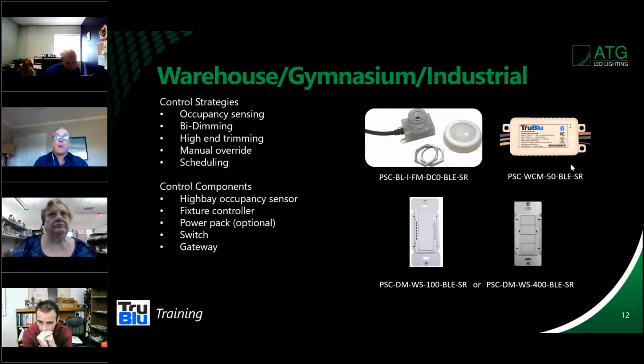So instead of having a sensor on every luminaire in an aisle, you might have an actual sensor on the first fixture in the aisle and the last fixture in the aisle. And everyone in between would have, in this case, a PSCW CM50, which will be communicating and will be part of the mesh network. But it'll be taking the place of a sensor. So keep that in mind.